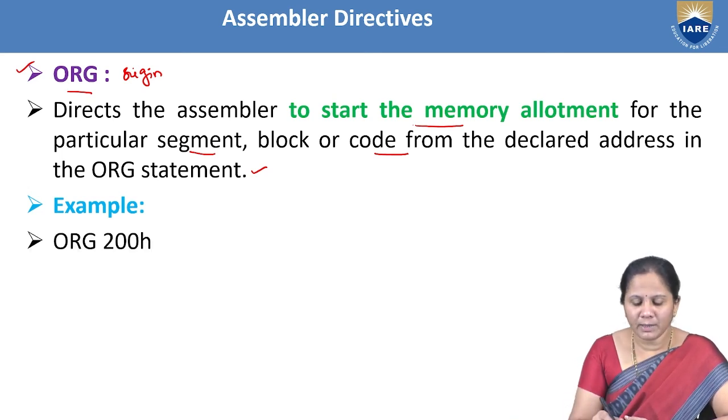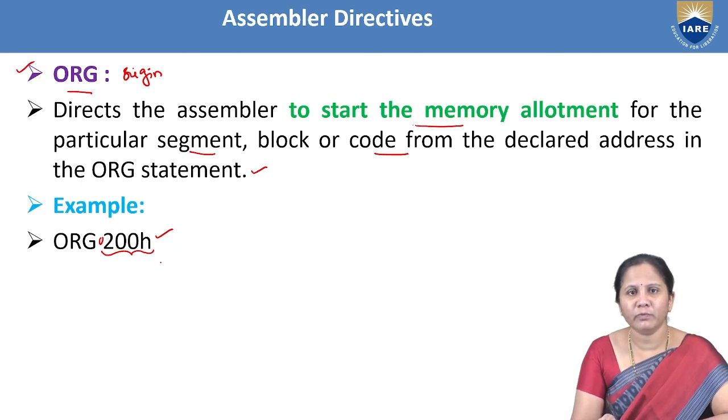For example, if you are writing ORG 200H, it means ORG 0200H, saying that the memory allotment has to start from 200H. So it is going to direct the assembler that the memory allotment has to start from the starting address 200H.